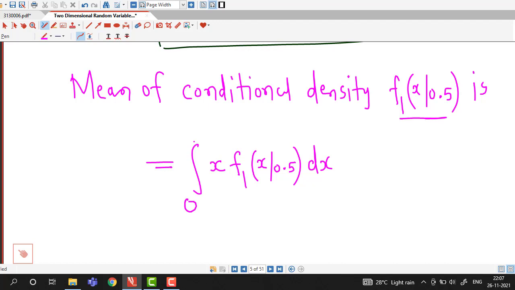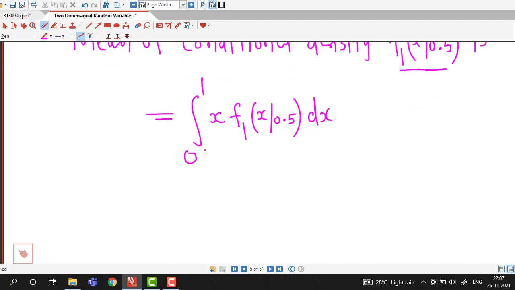So here we consider integral from 0 to 1, and this density function is 0 outside this interval. Therefore we are considering limits of integration from 0 to 1.